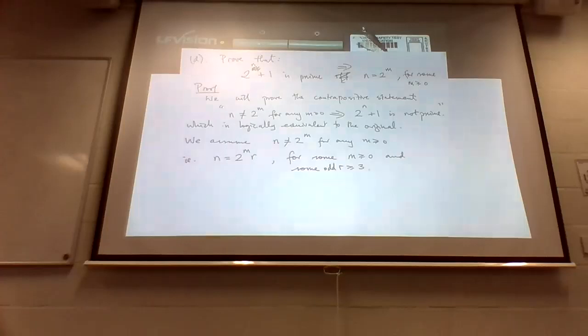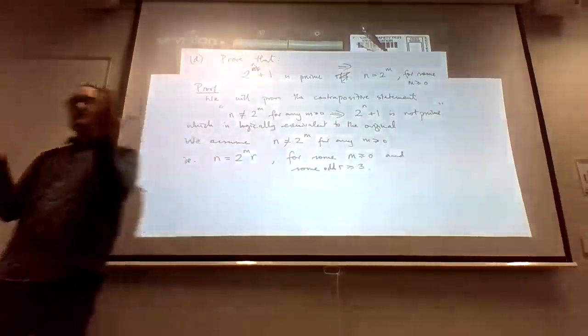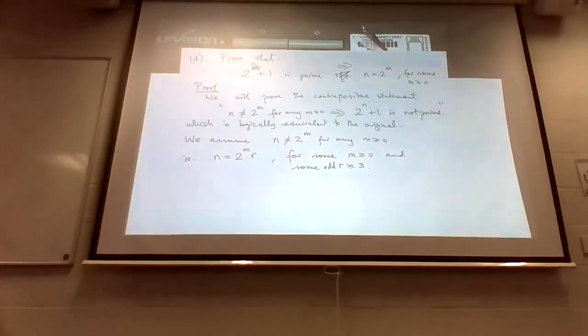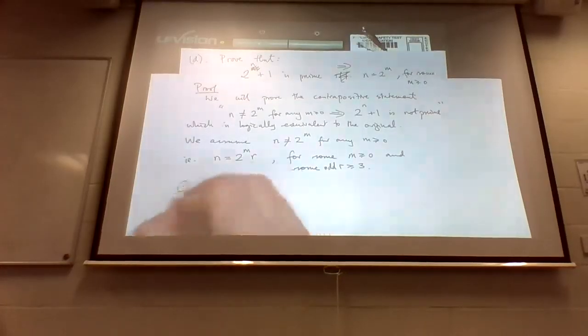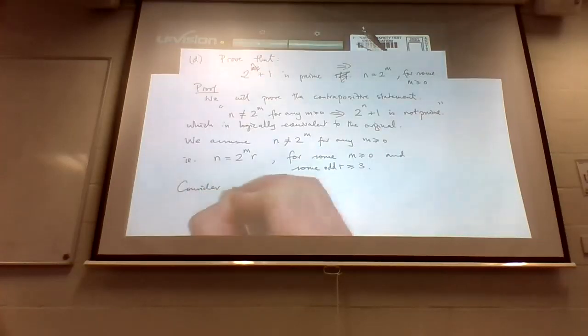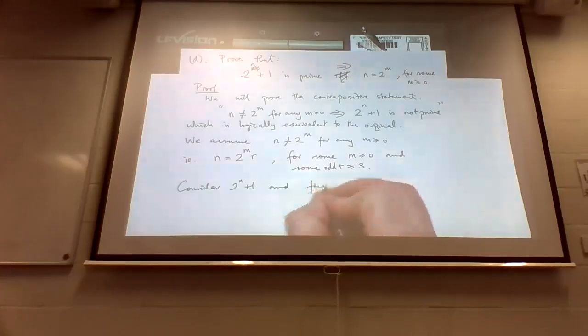Okay, and then we're going to show, so how do you show that something is not prime? You have to exhibit a factorization of it. That's the way to prove that something isn't prime: show that there exists a factorization for it. So we consider 2 to the n plus 1 here and find a factorization for it.